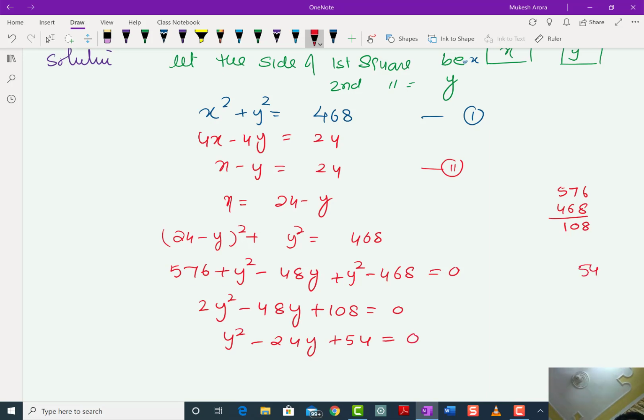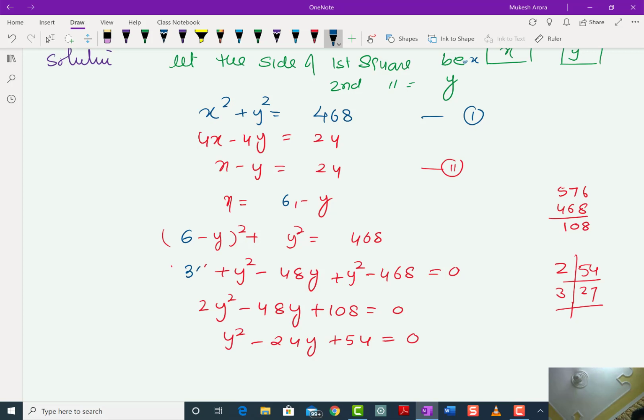54 is 2 times 27, 3 times 18, 6 times 9.